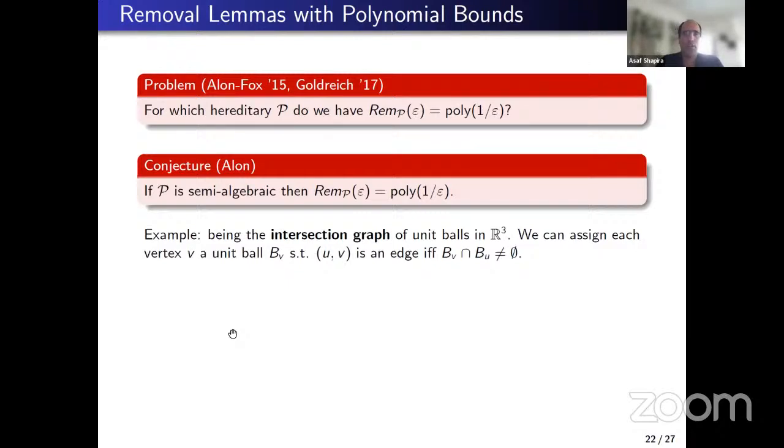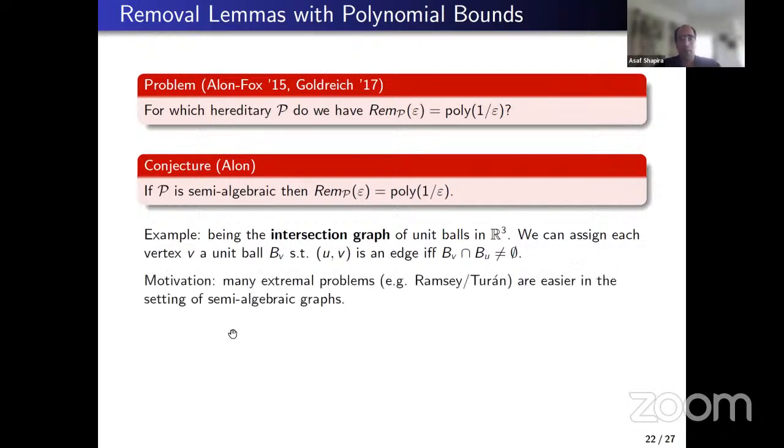For example, you can say that a graph is an intersection graph of unit balls in R3 if you can assign to each vertex a unit ball in R3, such that UV is an edge if and only if the ball of V and the ball of U have a non-empty intersection. Semi-algebraic properties are the natural generalization of this to not necessarily R3, not necessarily unit balls, and so on.